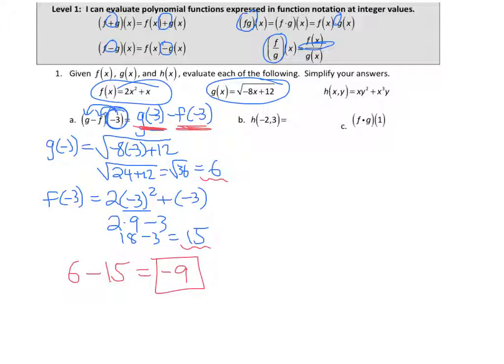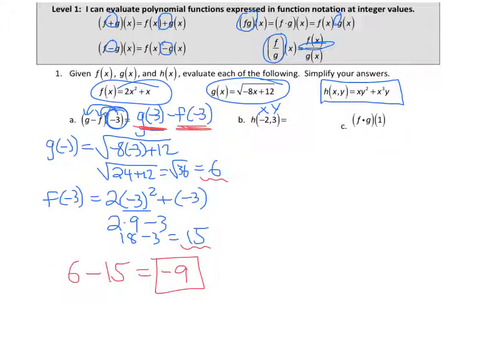Okay, part B is actually a little different. The function h has two variables, h of x, y. It has both x's and y's in it. So we're going to be plugging -2 and 3 in for x and y, and x is going to be -2, y is going to be 3.